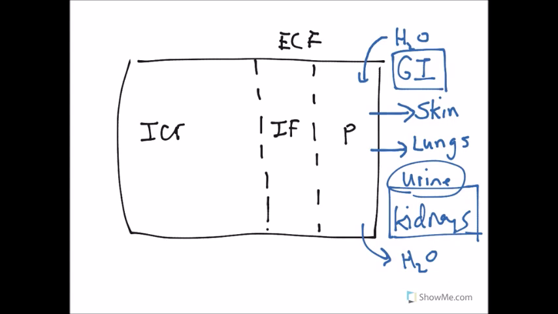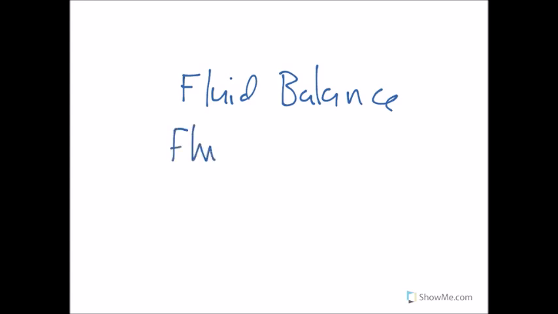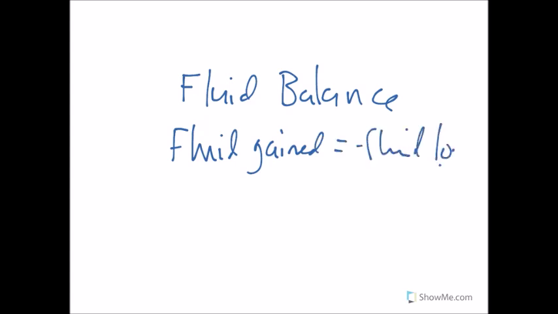So what really gets to become an interesting thing about this is the fluid balance and fluid shifts. Just to remind ourselves what fluid balance is: fluid balance is when fluid gained is equal to fluid lost.